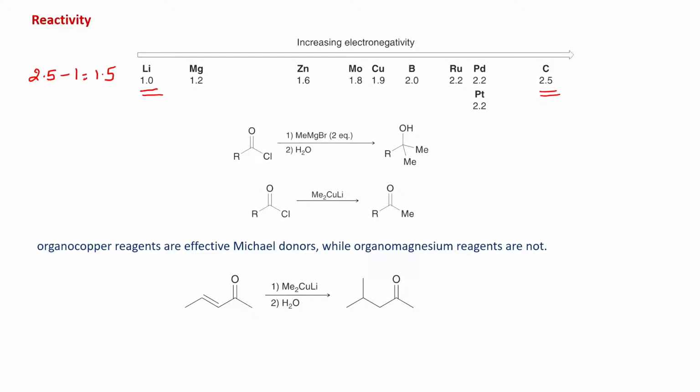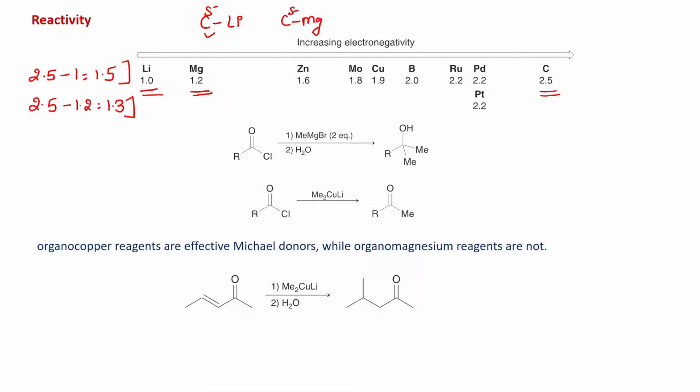And if you do 2.5 minus 1.2 for magnesium, you will get 1.3. So this difference is large. This means in carbon-lithium, the magnitude of negative charge on carbon is very high compared to carbon-magnesium.